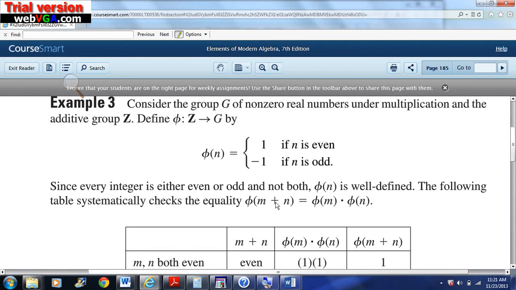So we have addition there. And we're mapping to G. And G is a multiplicative group. So that's why we have phi of m times phi of n.